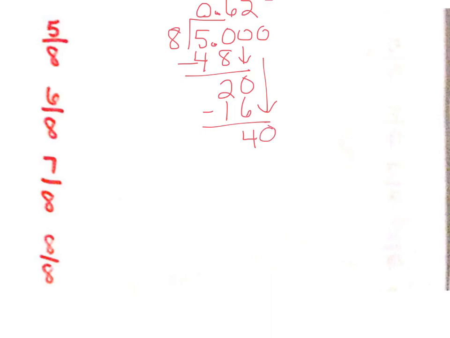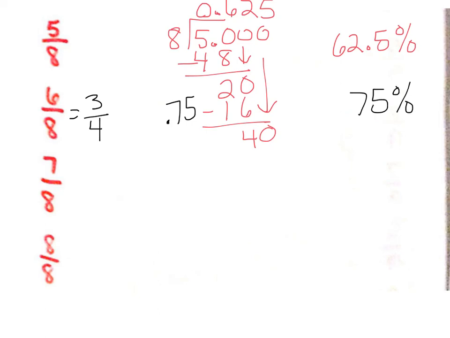And then 8 goes into 40 5 times. So 5/8 is equivalent to 625 thousandths or 62.5%. 6/8 we know that would simplify to 3/4, which is equal to 0.75 and 75%. 8/8 down at the bottom we know is equal to 1 whole or 100%.